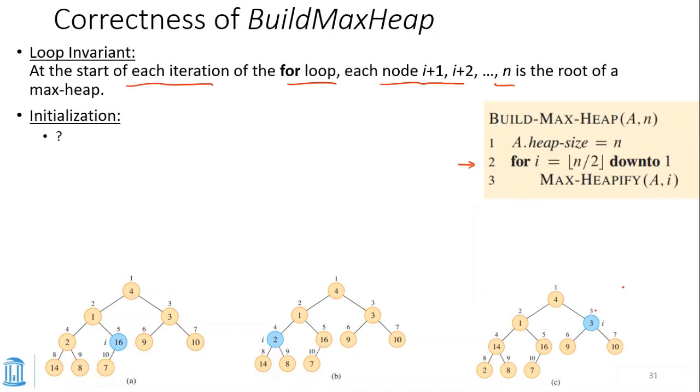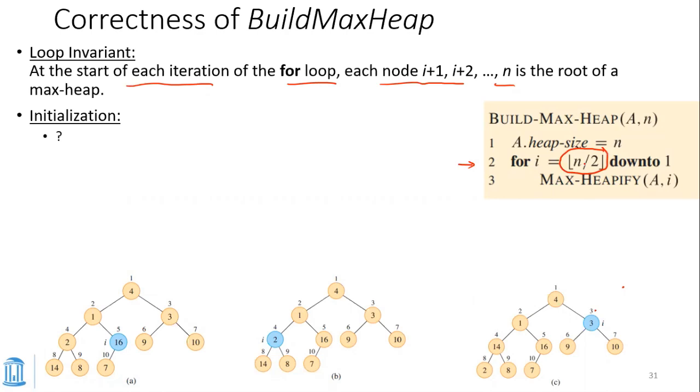Now let's go through the motions, starting with initialization. Can somebody convince me as to whether it's true at the initialization stage? So at the initialization stage, we've picked the first node which has a child.